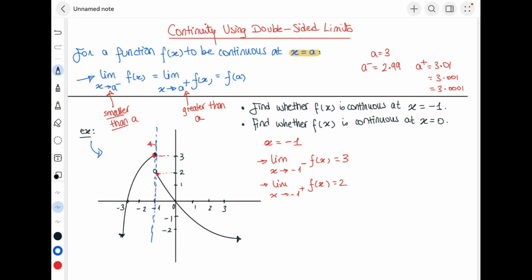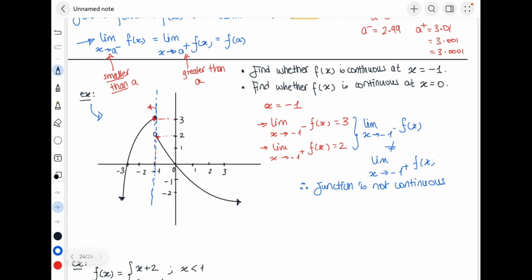As we can see here, limit as x tends to -1 minus of f of x is not equal to limit as x tends to -1 plus of f of x, then our function is not continuous. That's the whole thing to do whenever we are given a graph.